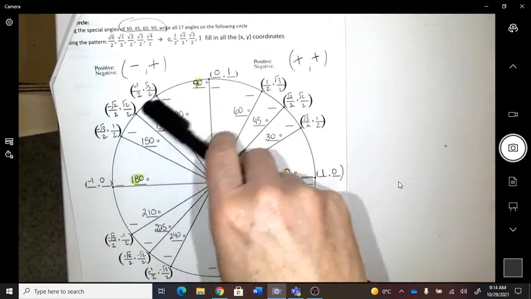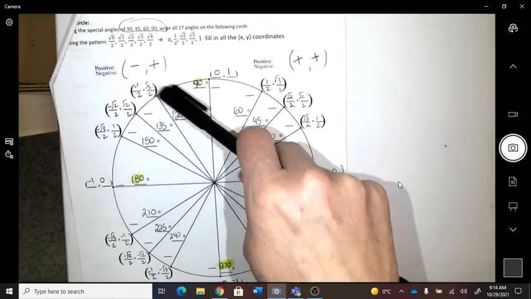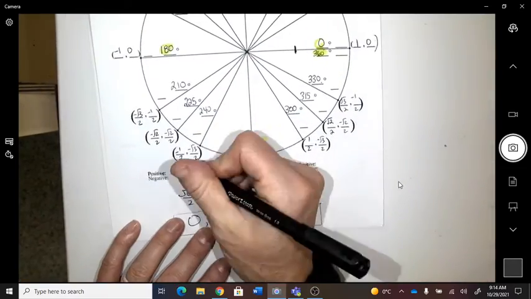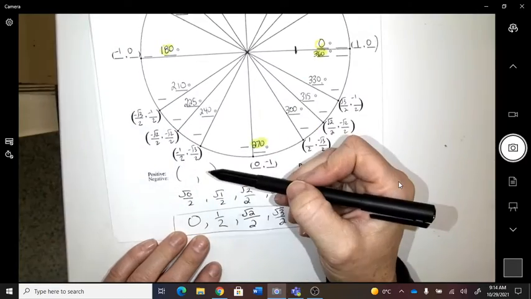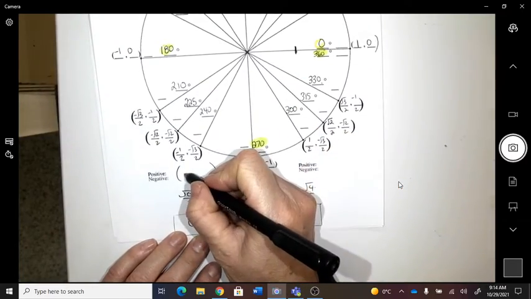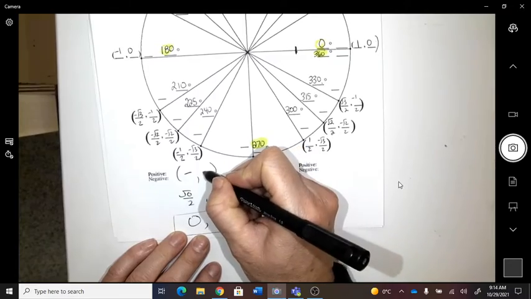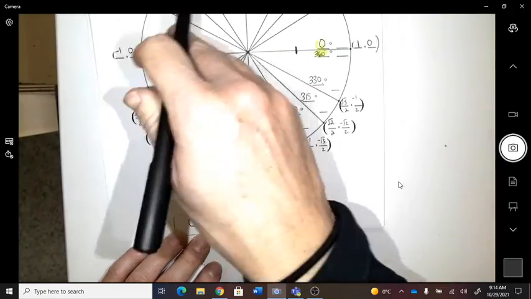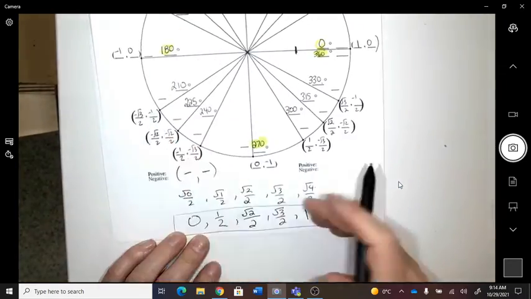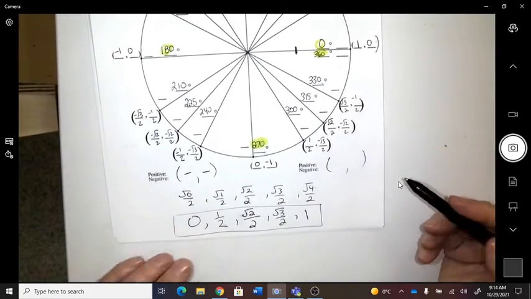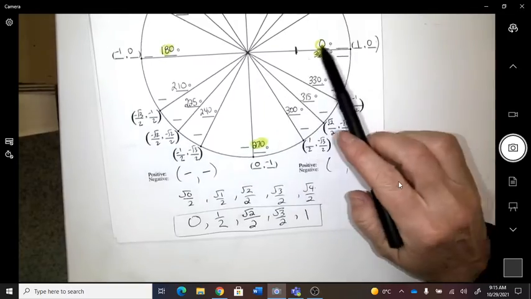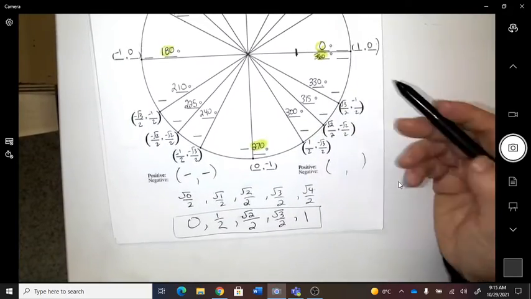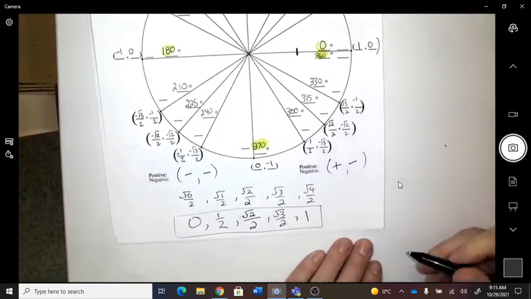I'm just looking at my coordinates, making sure they're all like that. What would quadrant 3 look like? X is negative. Y is negative as well, right? Left, down. What does quadrant 4 look like? Right, down should be positive, negative.